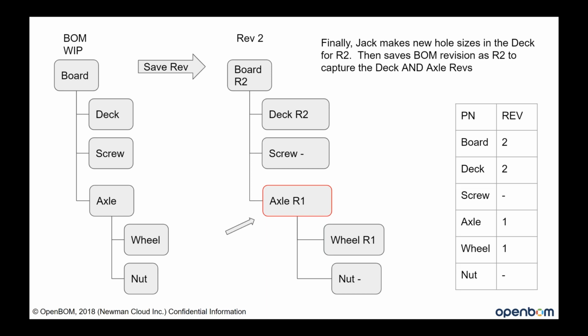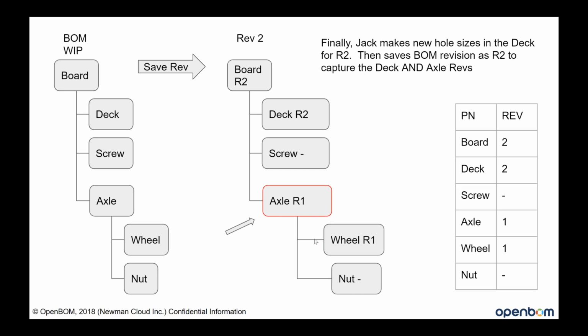So finally, Jack makes some final changes to the deck. He is going to change the revision of the deck to R2, and now he's ready to create revision 2. Okay. So Jack creates revision 2.